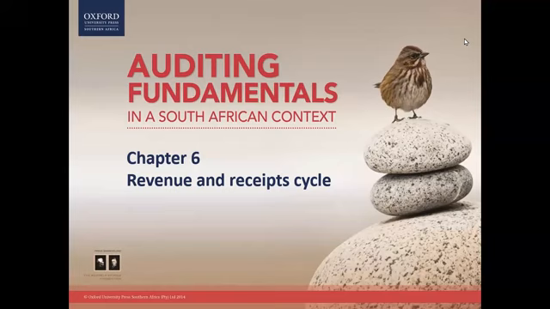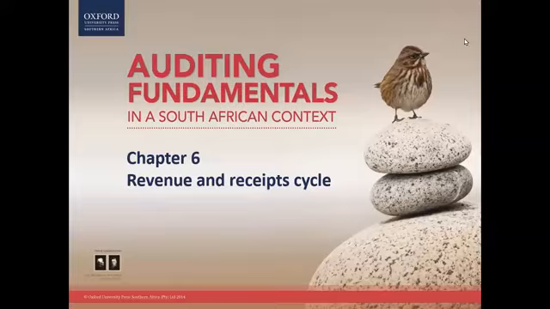Then lastly, we've got to be able to design a system of internal controls, both manual and computerized, that will achieve the cycle's control objectives. So you've had some new concepts like control objectives. Internal control is no longer new. You know how to define that.